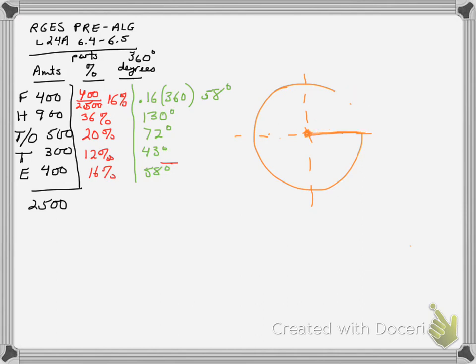Okay, I should be paying less attention to the answers on the paper and more attention to what I'm doing here. Okay, so that is 16% actually, but I guess they do want it labeled in percent, but you're graphing for food 58 degrees.